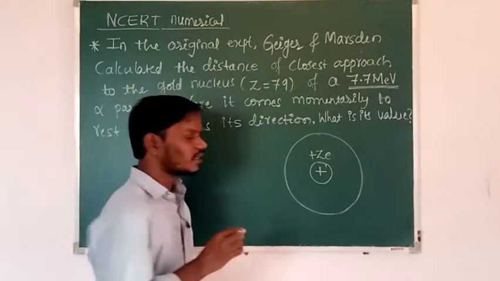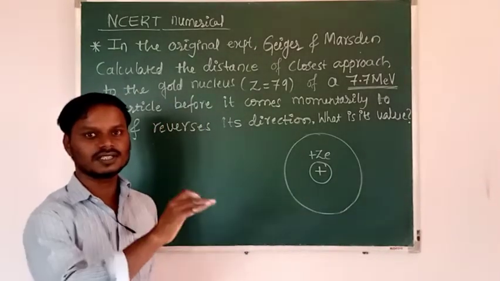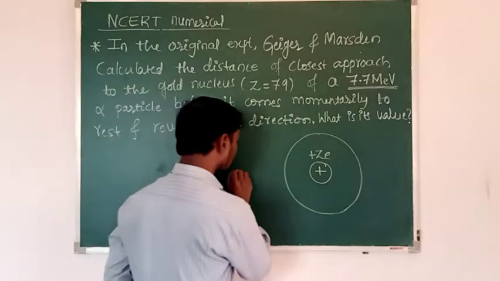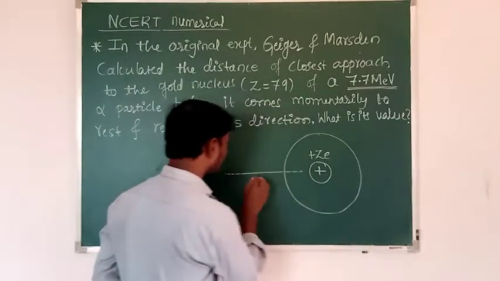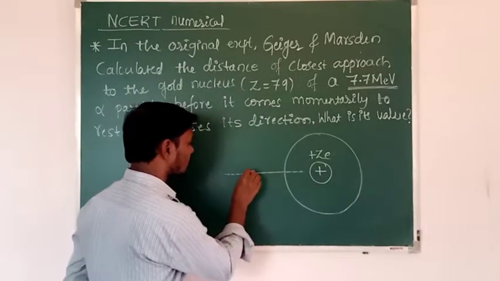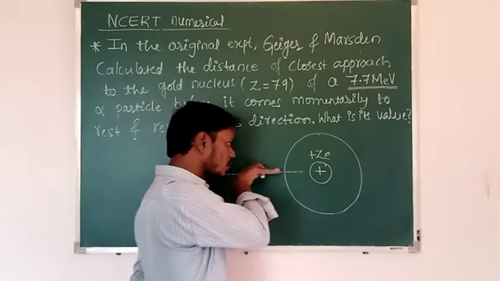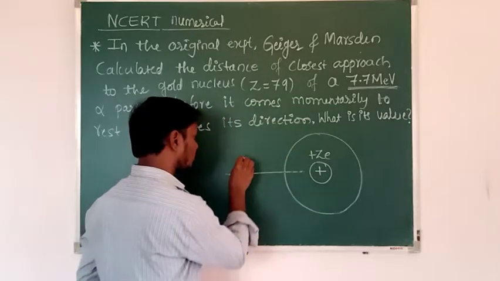Then whenever an alpha particle is made to pass through this atom, initially this alpha particle has kinetic energy, because the alpha particle is moving towards the nucleus.